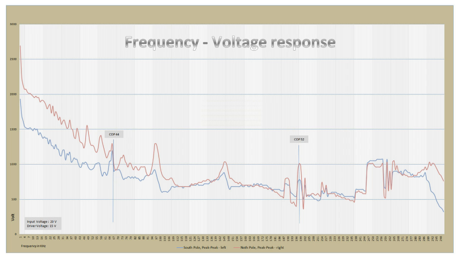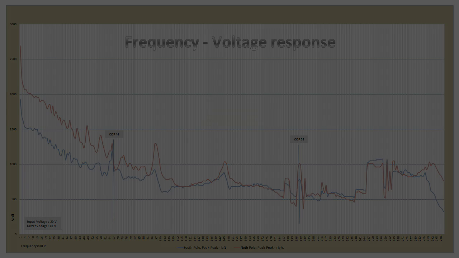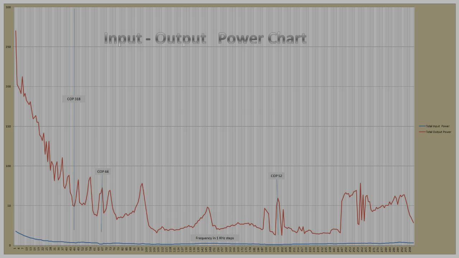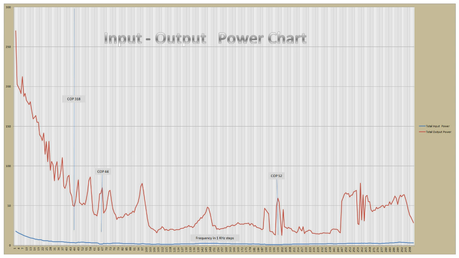So we're going to move on, and I will show you now the power chart, how that translates into energy. You see the plotted chart of the power propagation. The red line represents the power output, the blue line represents the power input. At the beginning at 1 kHz we have around 16, 17, 18 watt. It goes down to 1.5, 1 watt.